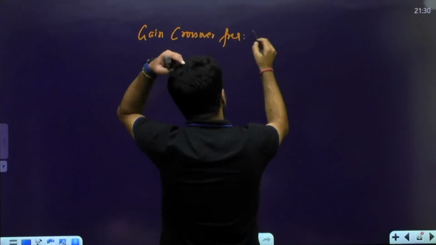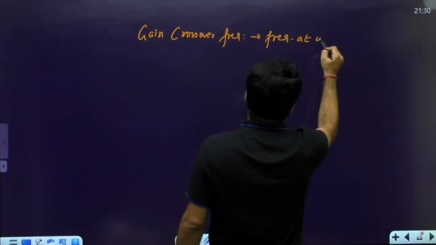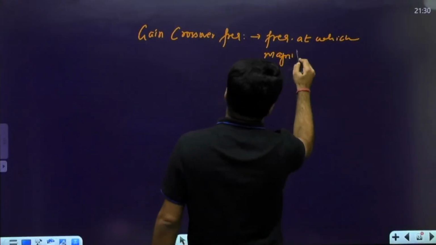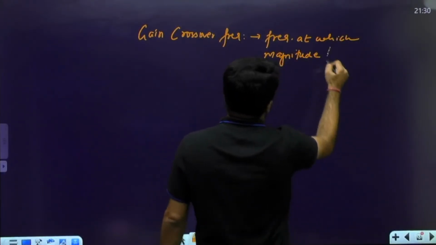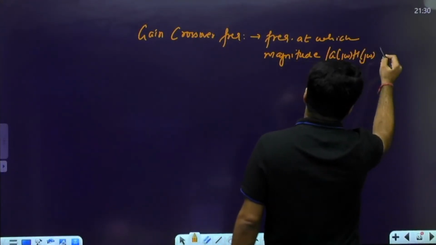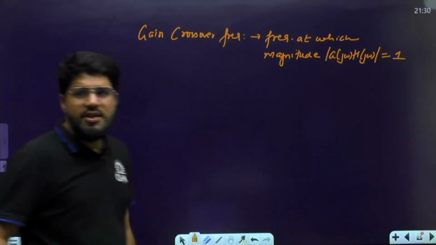It is the frequency at which the magnitude of G(jω)H(jω), that is mod G(jω)H(jω), is unity, equal to 1.